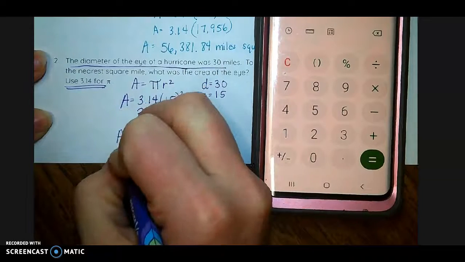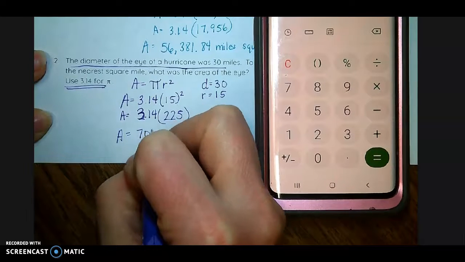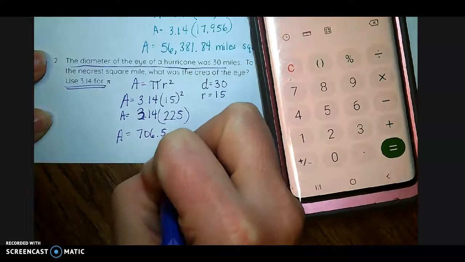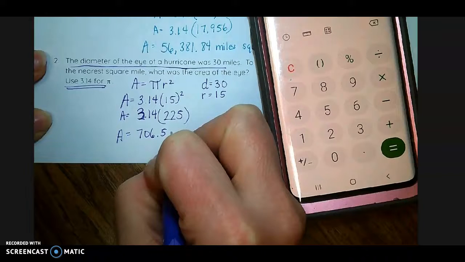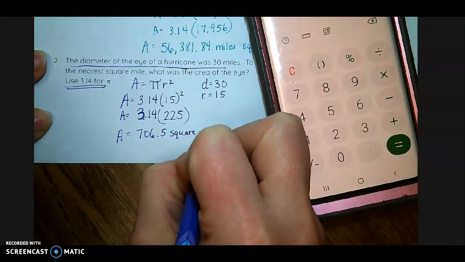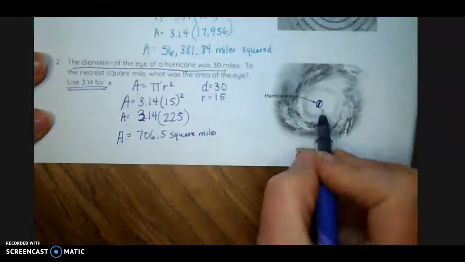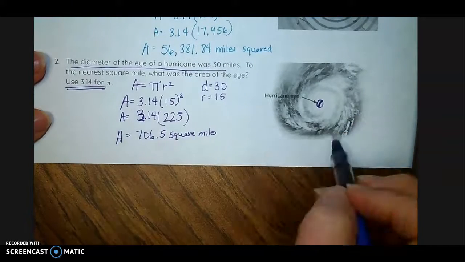So I get an area of just that little tiny, what it looks like on that picture, this little tiny black dot is 706.5 square miles. That is a lot of square miles that is affected in just that little tiny dot, so you can imagine how big this actual hurricane is.